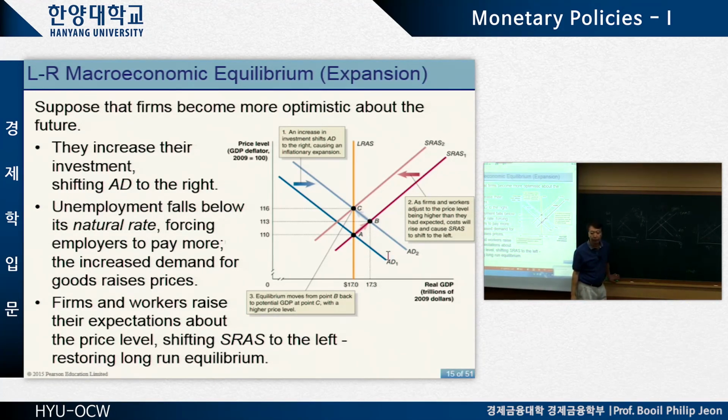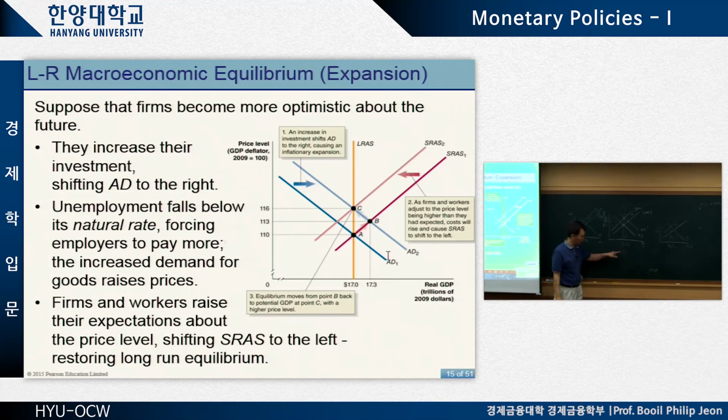So in the long run, when the dust settles, in other words, when all the adjustments are done, the economy will come back to the initial or potential level of output and employment.